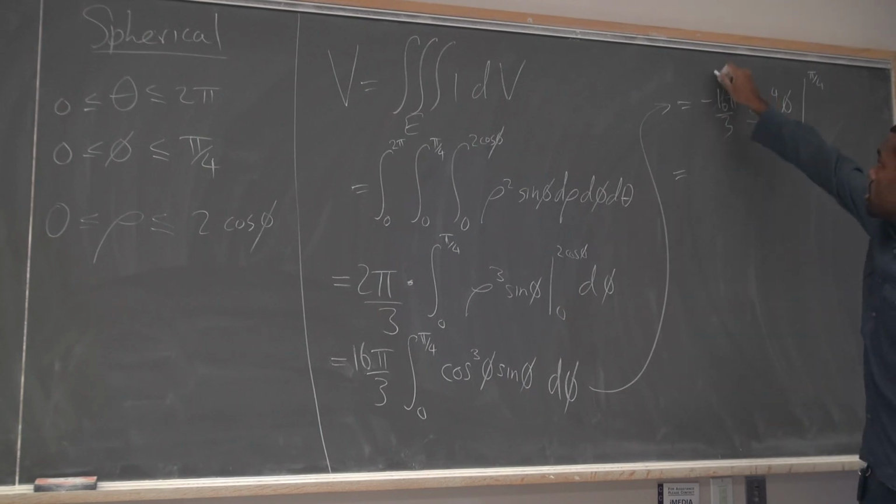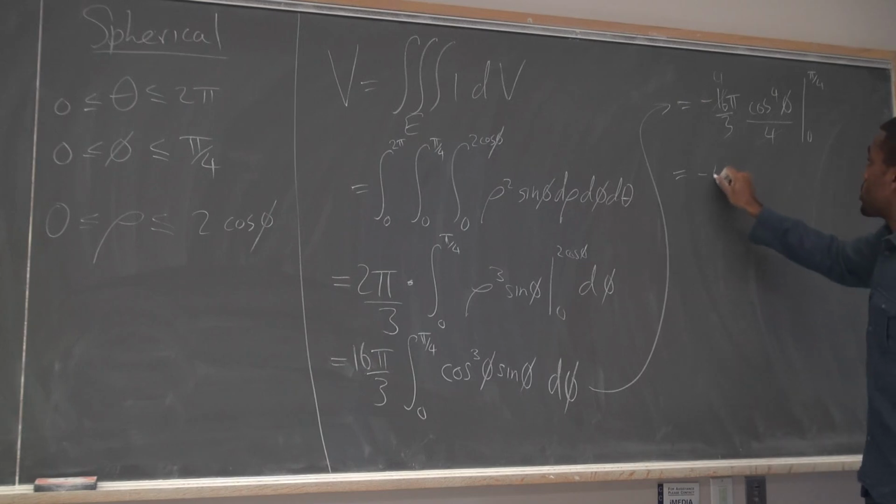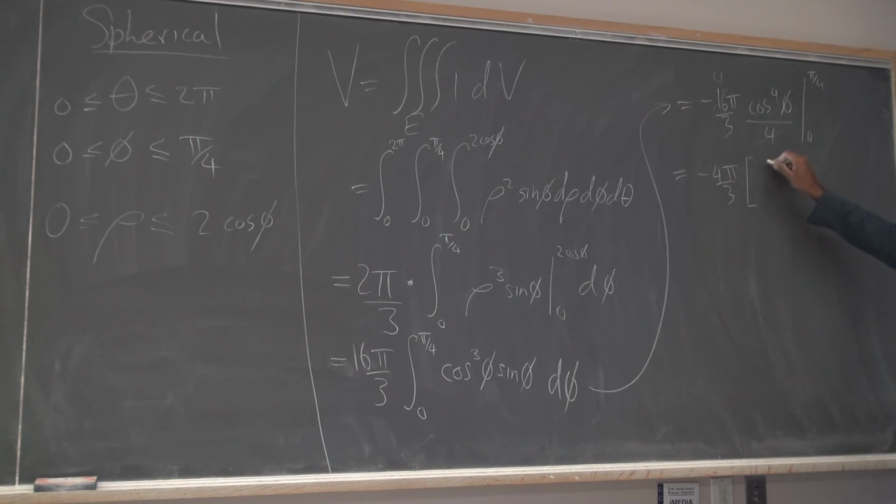So the 4 cancels into this 4 times. So I get minus 4 pi over 3 times cosine of pi over 4, which is radical 2 over 2. If I raise that to the 4th power, what do I get? 1 over 4. I get 1 over radical 2 to the 4th power, minus cosine 0, which is just 1.